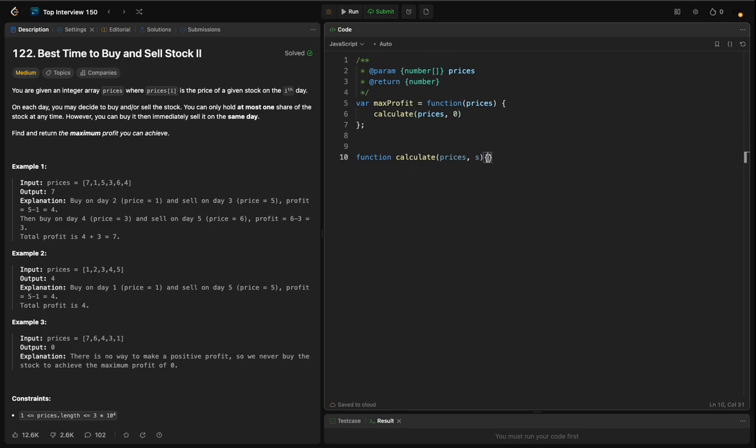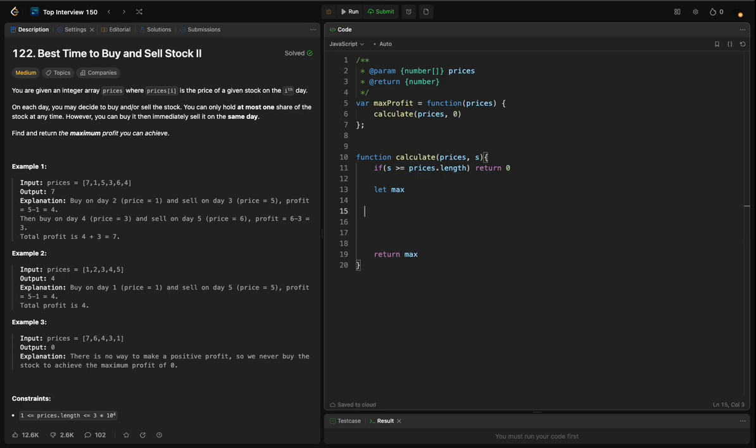And the first thing that I'm going to do, I will make some base cases. If S is bigger than or equal to prices.length, we return 0. That means there's nothing to loop through. And let's create max, and after that we return this max. This will be the maximum profit, and I will return it.